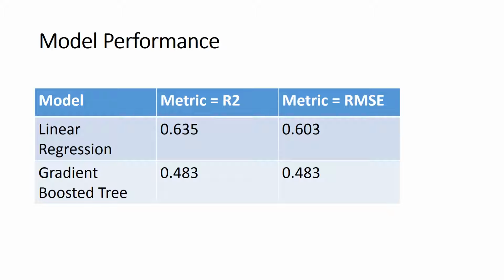For the gradient boosted tree, the RMSE is slightly more accurate at 0.483, and whilst the R2 seems to come down somewhat to 0.483.